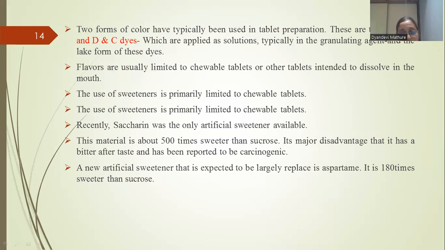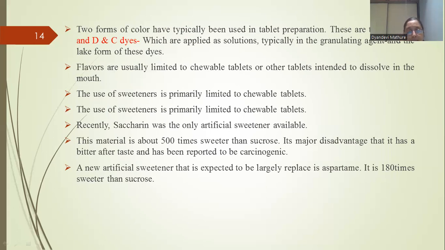That's why its use is limited. A new artificial sweetener that is expected to largely replace it is aspartame. Instead of saccharin, as it is carcinogenic, you can replace it with aspartame, which is again an artificial sweetener and is 180 times sweeter than sucrose.